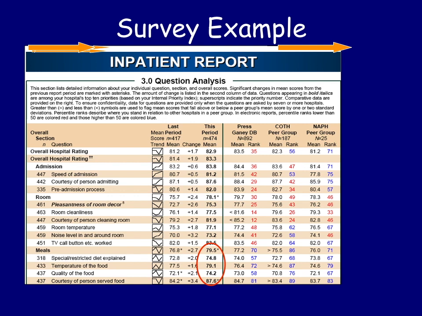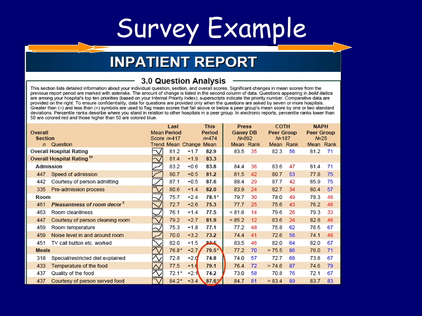So what you see on this slide is an example of a Press Ganey report. These surveys really help healthcare settings understand where they stand on a number of customer service related factors, including food service.